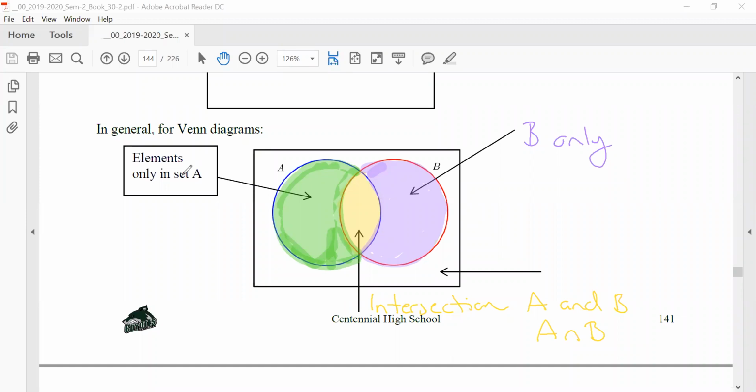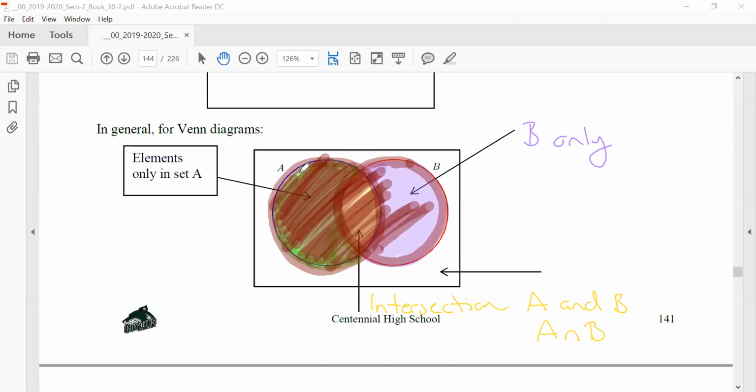Okay. Now the whole thing put together. So I'm going to change my pen color to, I'm going to try this maroony looking one. A or B. I'm in A, I'm in B, or I'm in both. A or B is both circles shaded together.